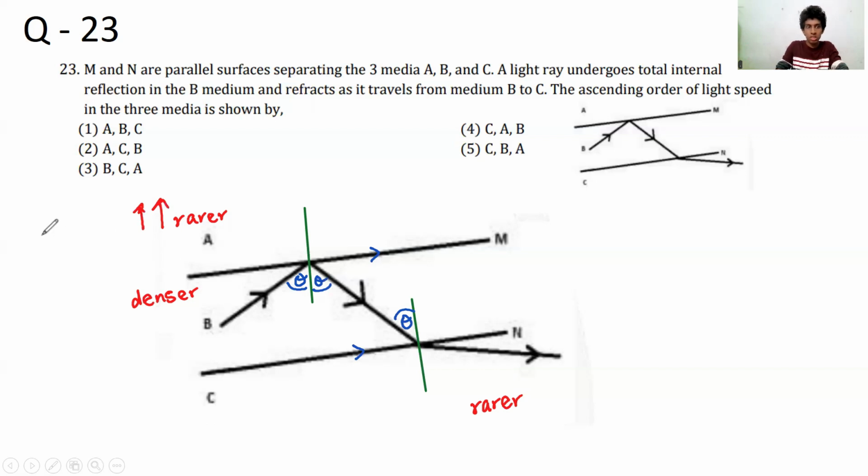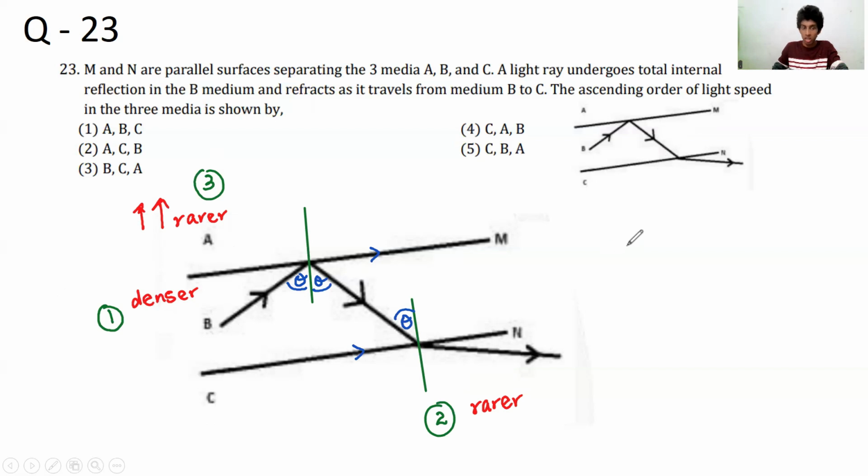So when we arrange the three media from the densest medium to the rarest medium, the densest medium will be the medium B, and then it will be C, and the rarest medium will be A. So now how can we find the order of light speed in the three media?